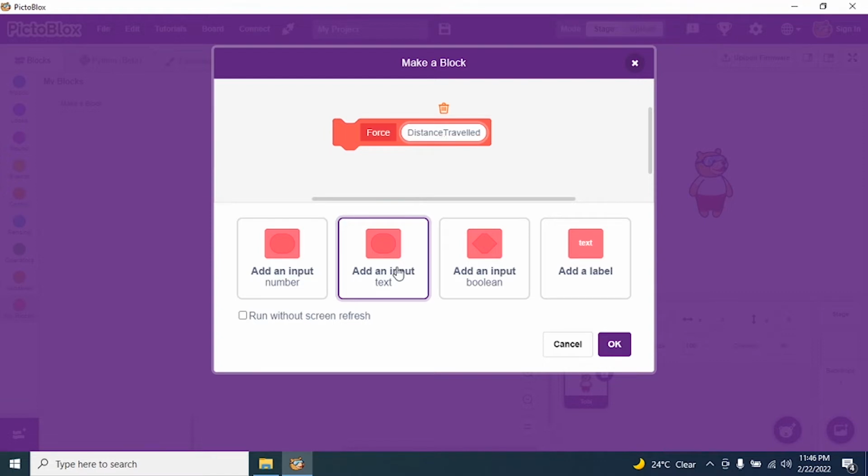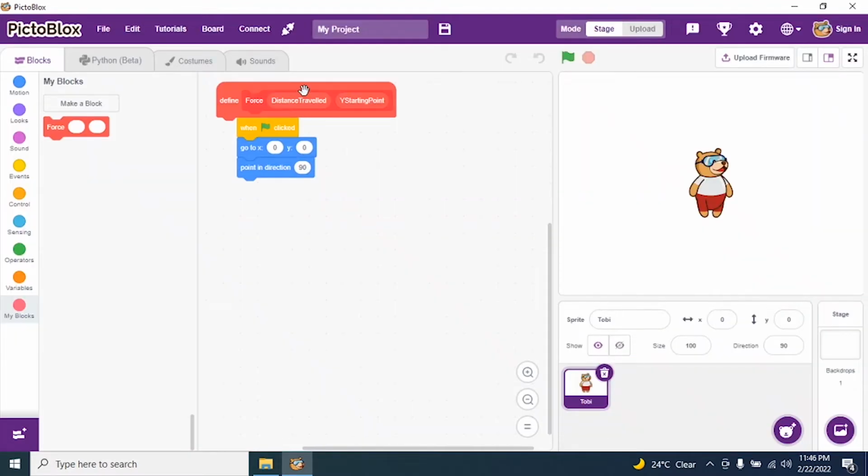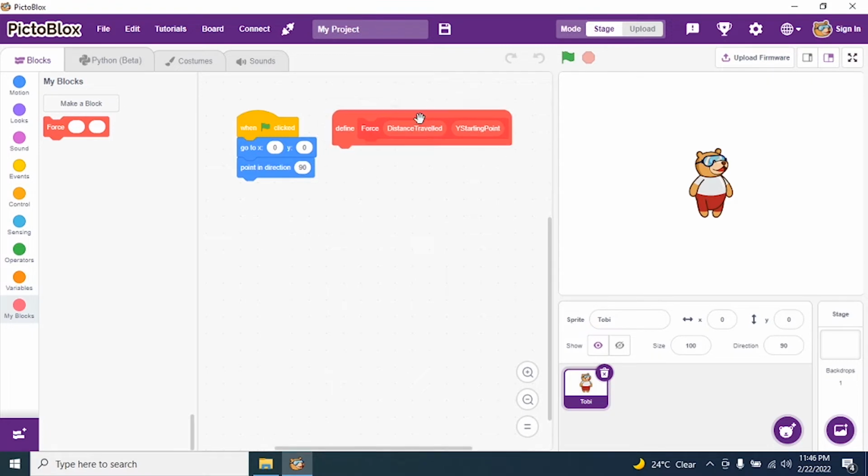And I give one more input and I say y starting point, and I say okay. So I have named my block force and I have two inputs. One is distance traveled and one is y starting point.